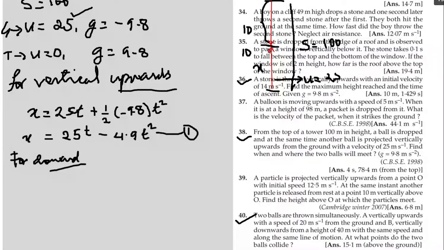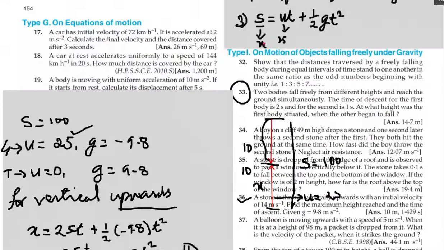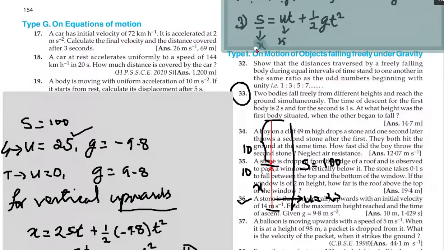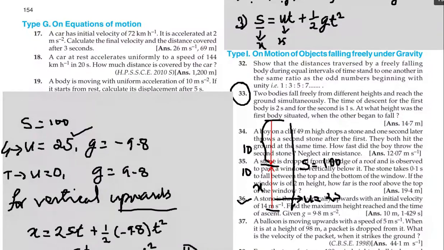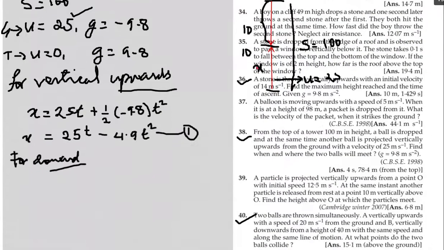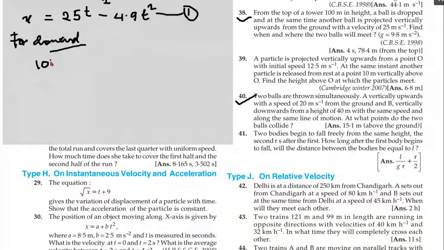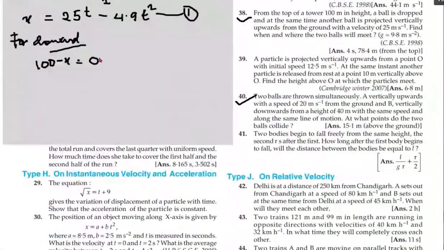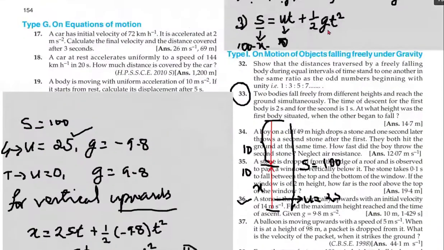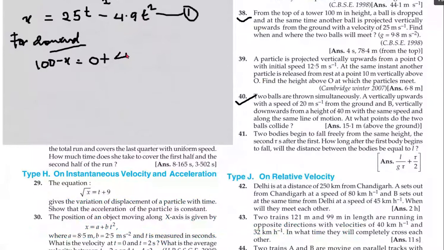So 100 minus x equals u t, which is 0 into t, plus half of 9.8 t square, which is 4.9 t square.